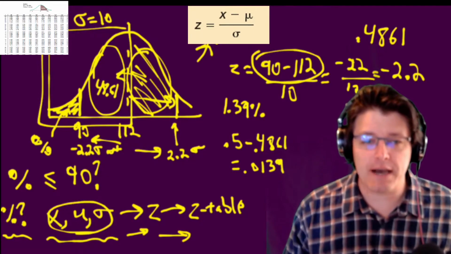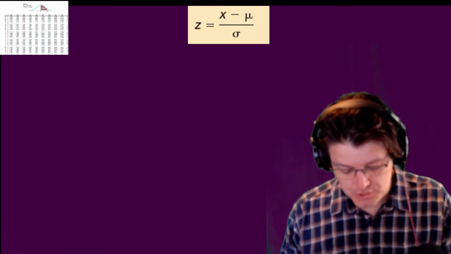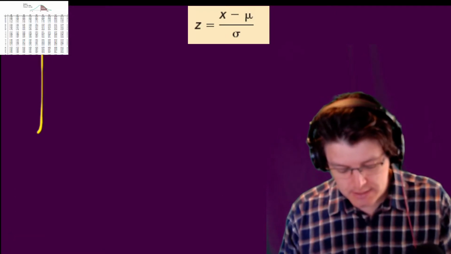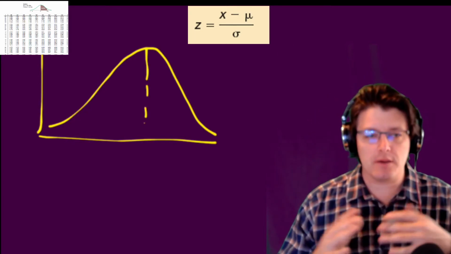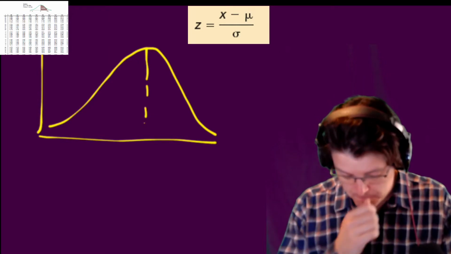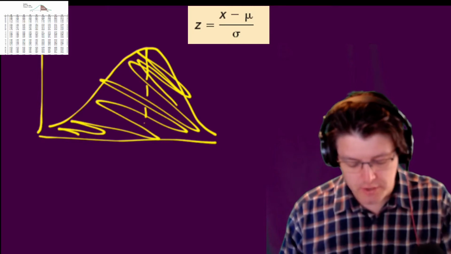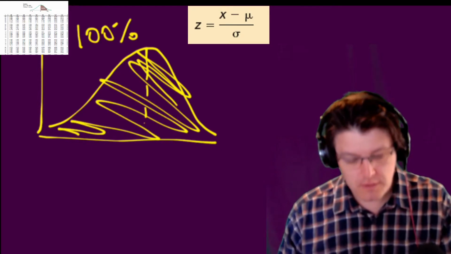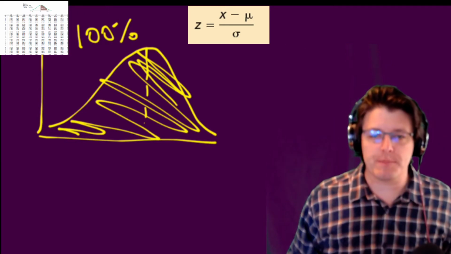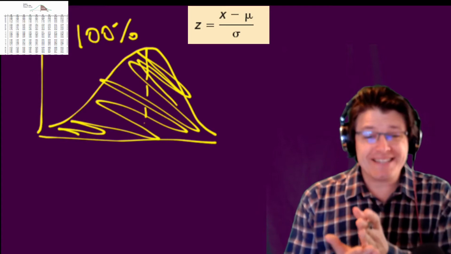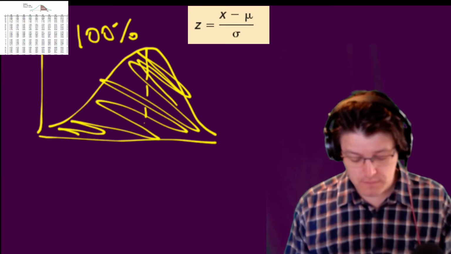So the 0.5 is coming from the concept that, let me just draw a picture that's not as messy. Because the whole of the normal distribution, all of this is 100%. Right? Every outcome has to be incorporated here. So the whole range is 100%. Because it's symmetrical, the two halves are equal, right?